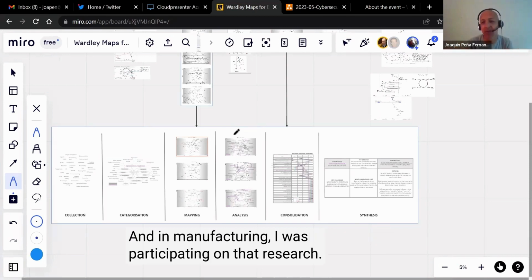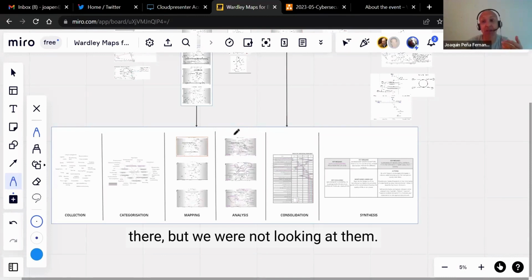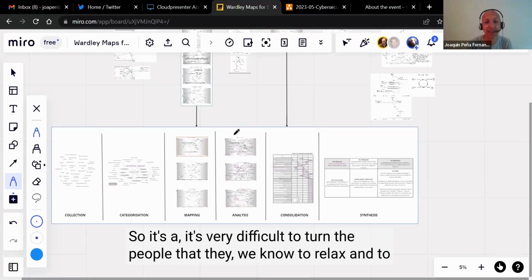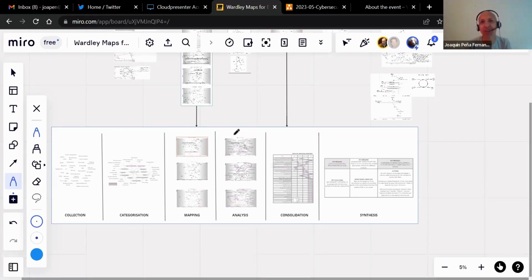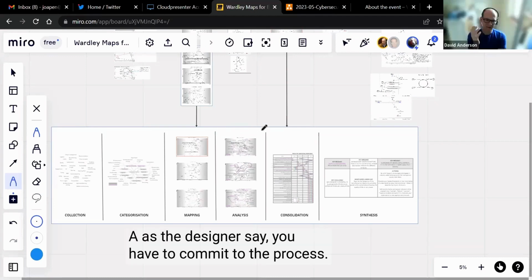And in manufacturing, I was participating in that research. We didn't know so many things, and we discovered so many things that were there, but we were not looking at them. And that's also part of it. So it's very difficult to get the people who think they know to relax and to recognize that in reality they don't know.